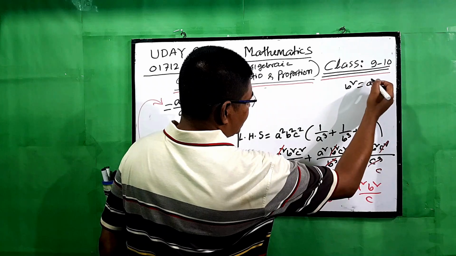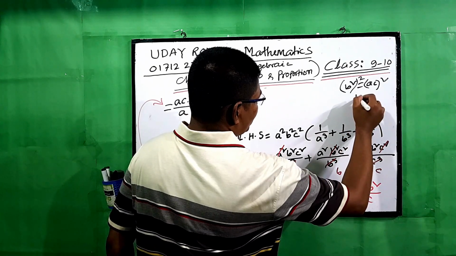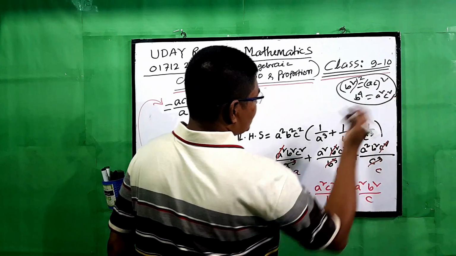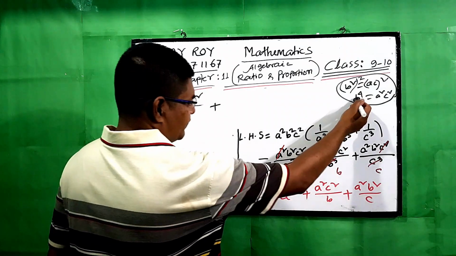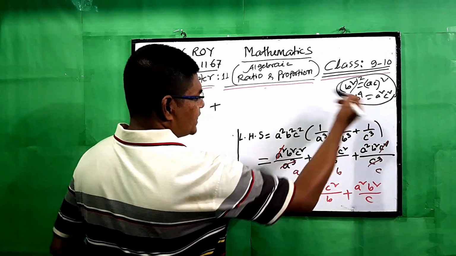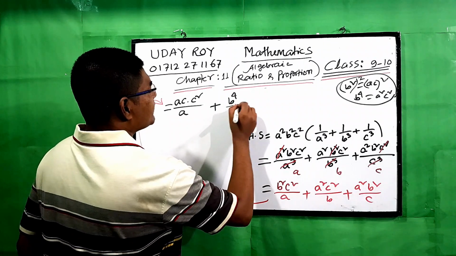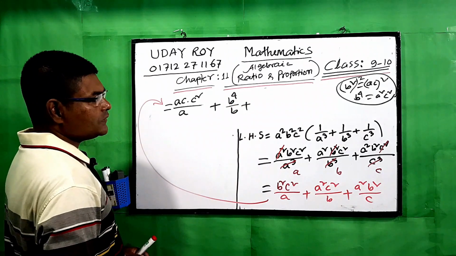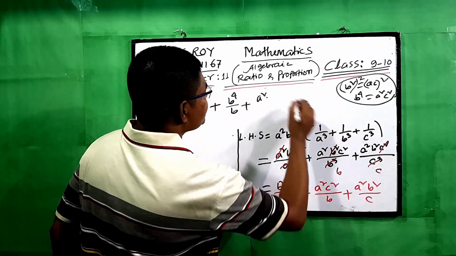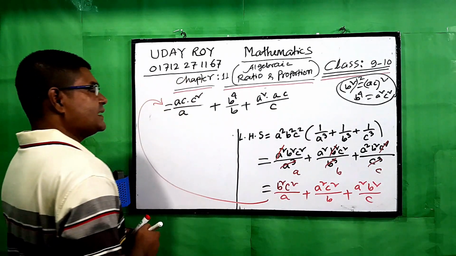If we use the whole square, we get b to the power 4 equal to a square plus c square. Remember it. So we can write a square c square equal to b to the power 4 divided by b. Now you can see here is a square, so write a square and b square equal to ac divided by c.